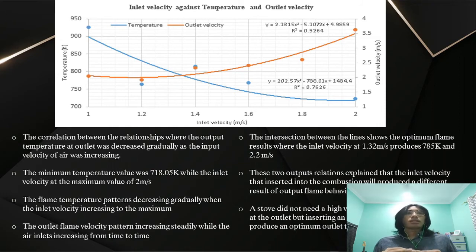So the intersection between the lines shows the optimal flame results, where the inlet velocity at 1.32 meter per second produces 7805 Kelvin and 2.2 meter per second.